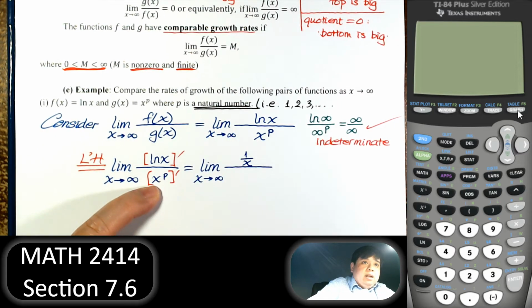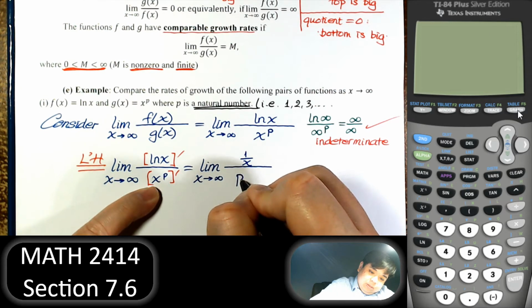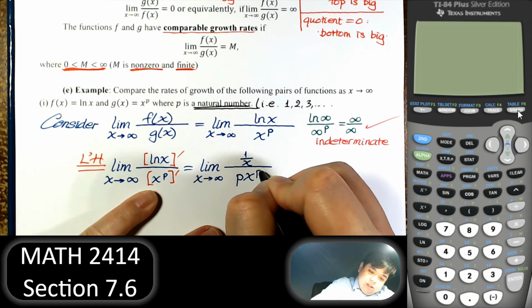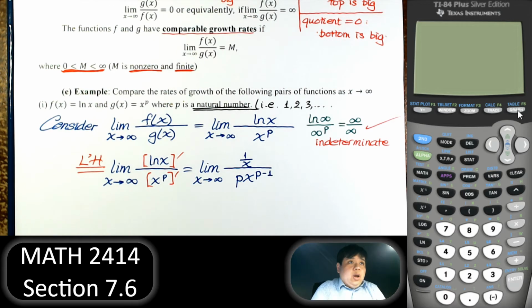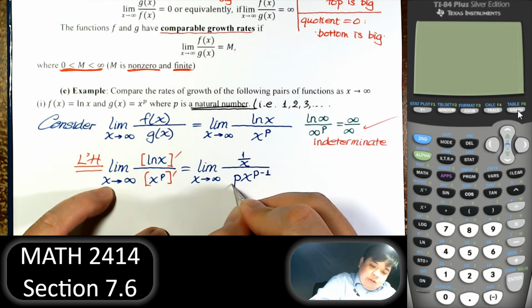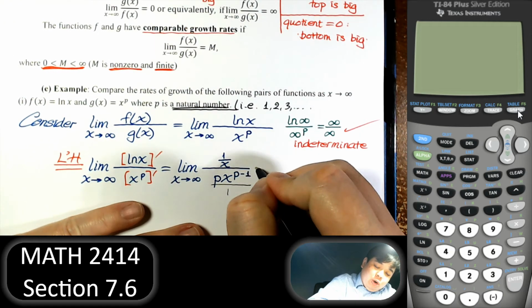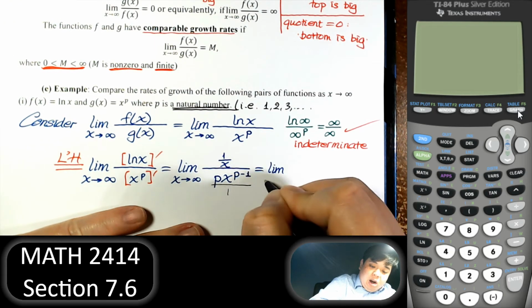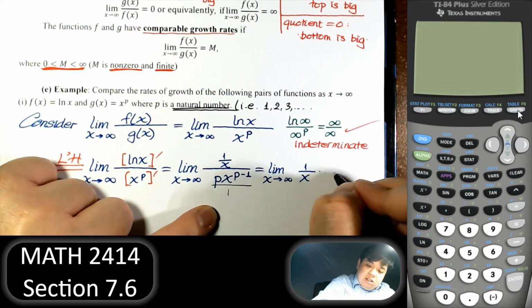The derivative of x to the p, that is the power rule: we take out the p, and the original power minus 1. Now let's put this as a fraction. When we divide fractions, we multiply by the reciprocal of the bottom, so we're going to flip this.